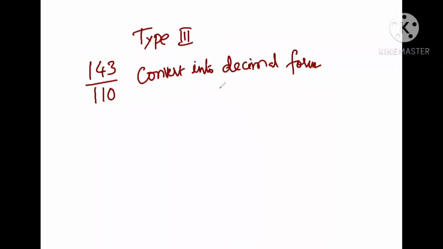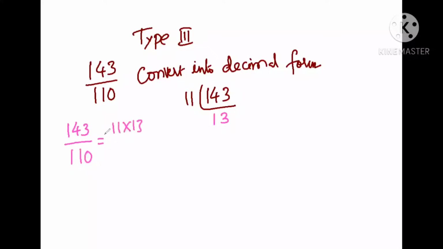Again, we have to prime factorize 143. Which table divides? 2 table does not divide. 3 table does not divide. 7 also does not divide. So take the next prime number, 11. 11 divides. 11 1s are 11, 11 3s are 33. So 143 can be written as 11 into 13.